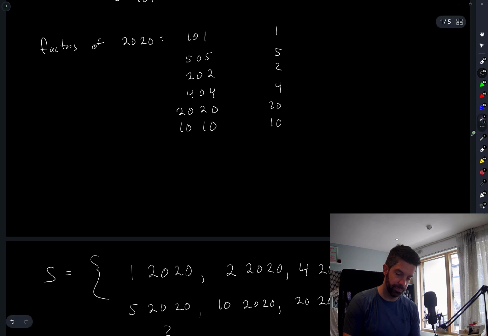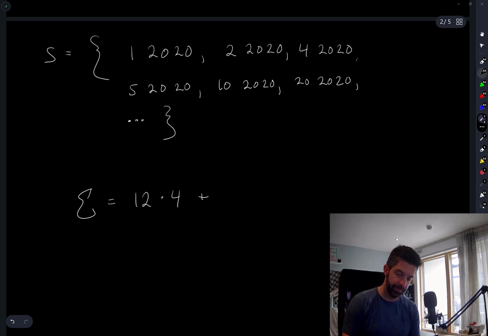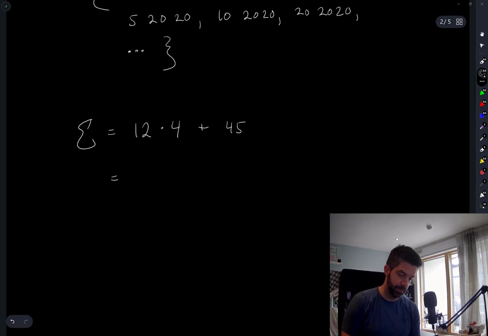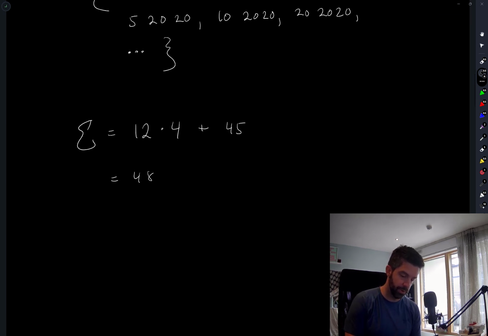So it'll be 1 plus 5 plus 2 plus 4 plus 2 plus 1. Let's see, 7, 8, 9, 10, 11, 12, 13, 14, 15. And then I'll have to multiply that by 3. So I have 48 plus 45, which is 93. And that's my final answer.